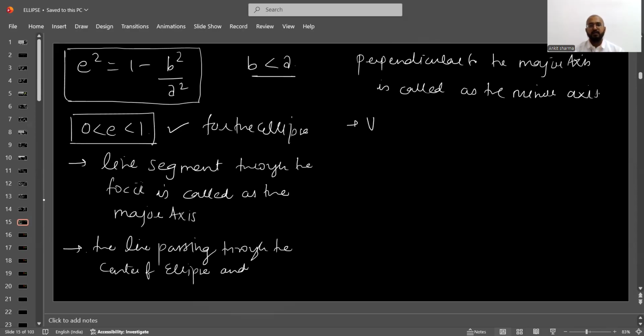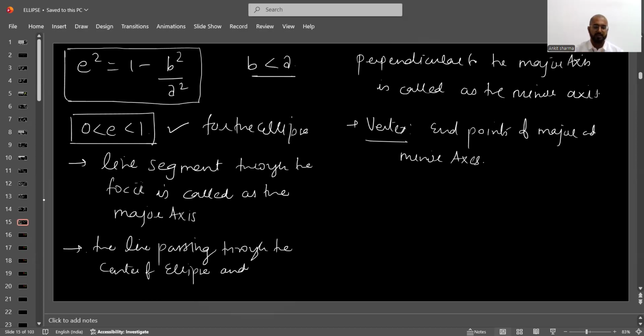And vertex: the endpoints of major and minor axis are called the vertices.